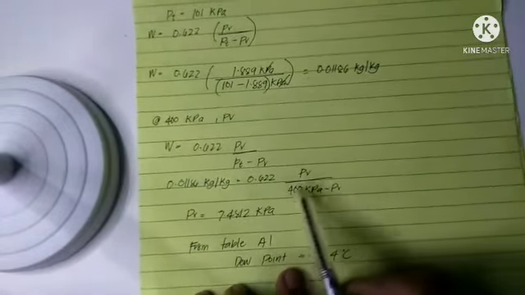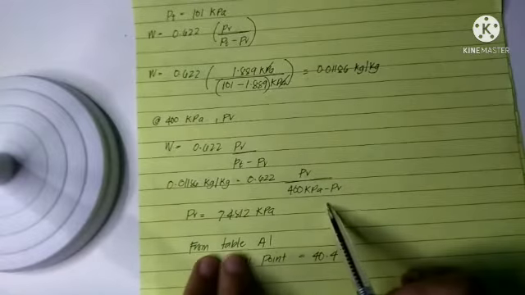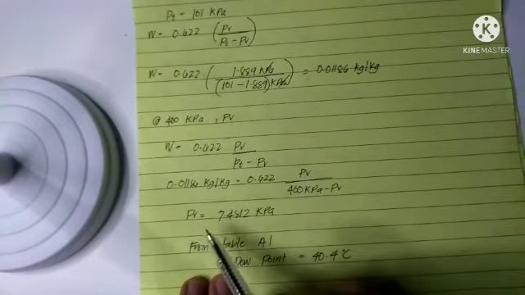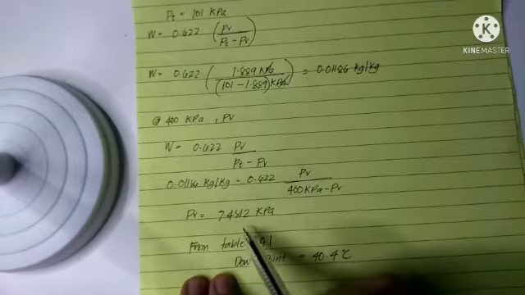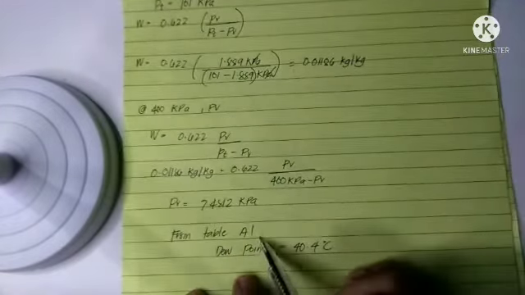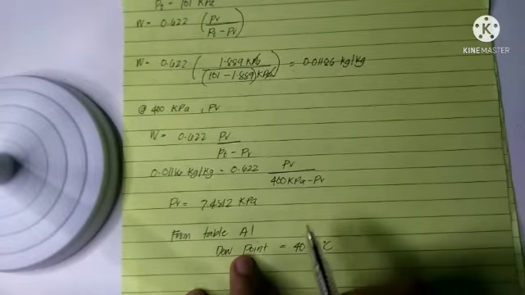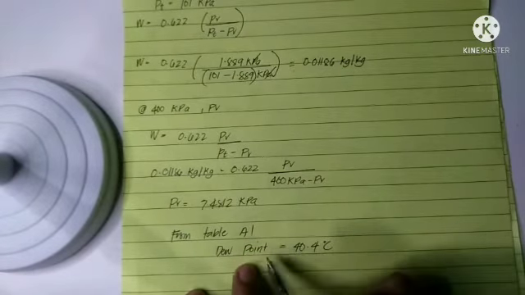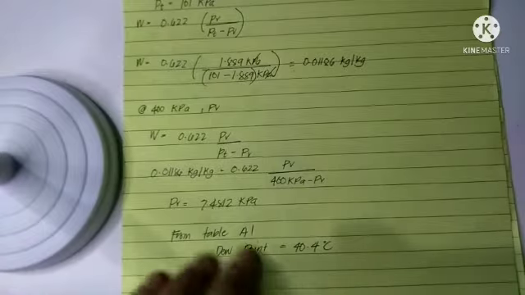By solving algebraically, it gives you an answer of 7.4812 kPa. From table A1, we can find our dew point temperature.